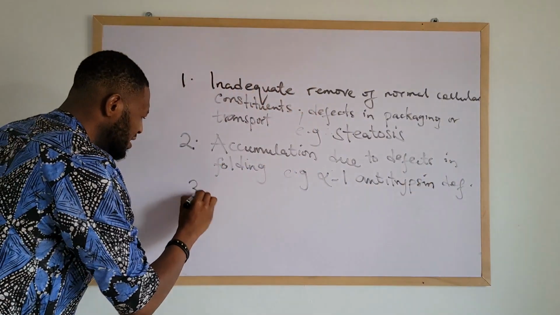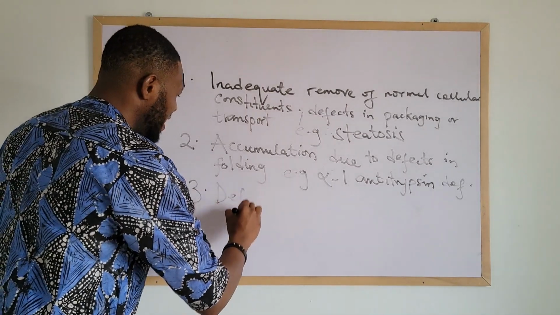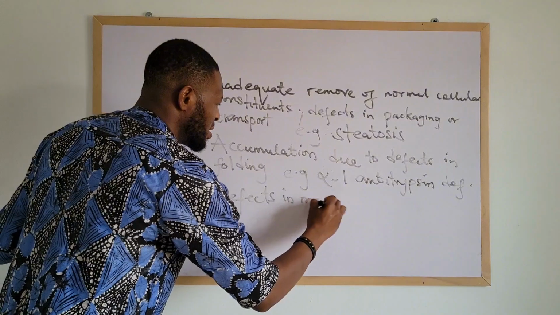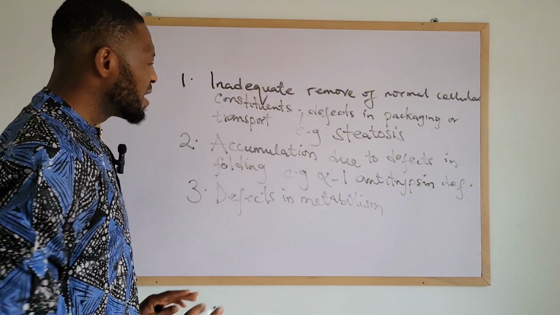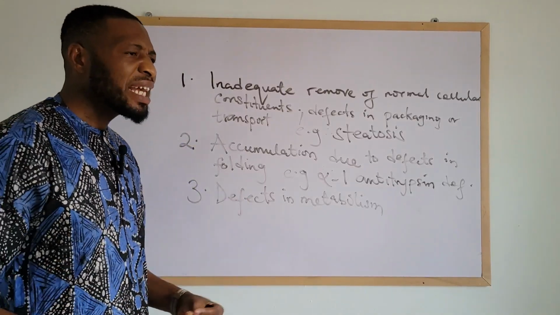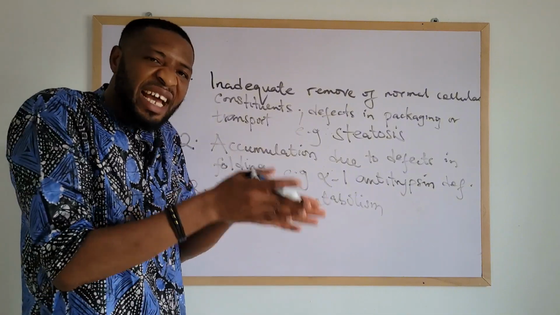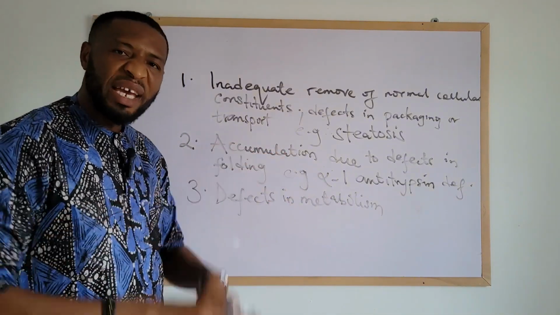The third reason is due to defects in metabolism. In this case, the products are supposed to be metabolized, but most likely because there's a defect or a deficiency in the enzyme that should have metabolized those constituents, they will remain in the cell.